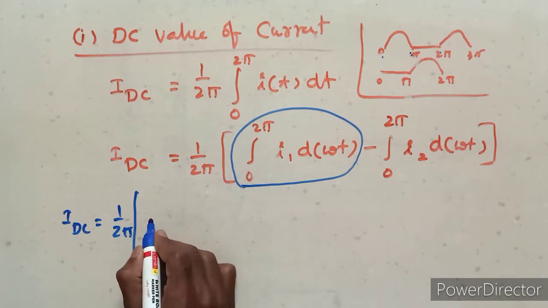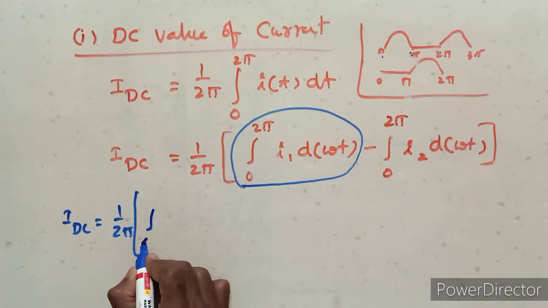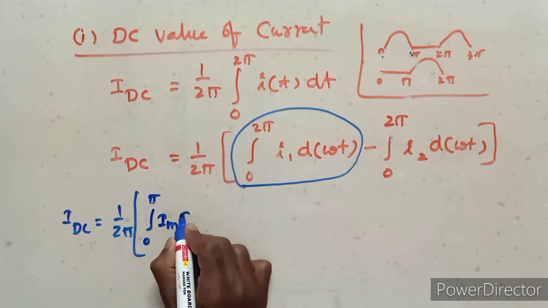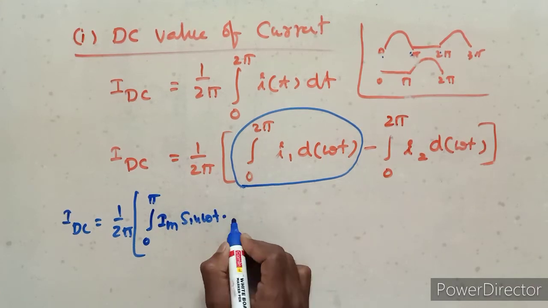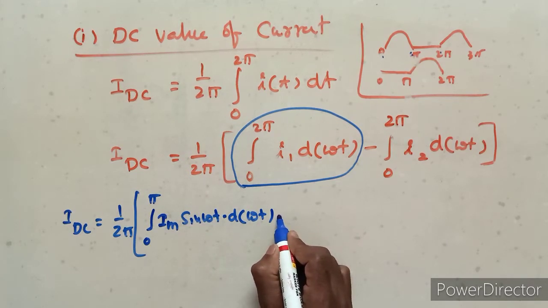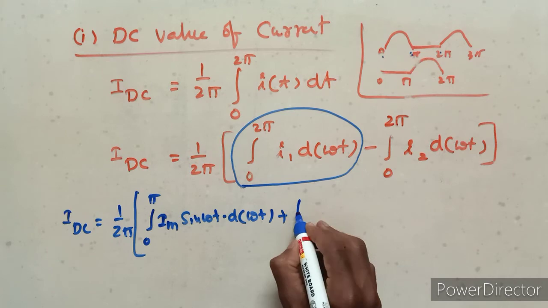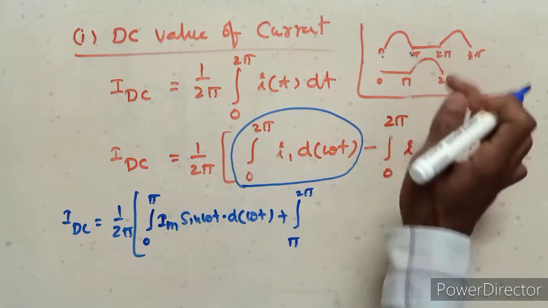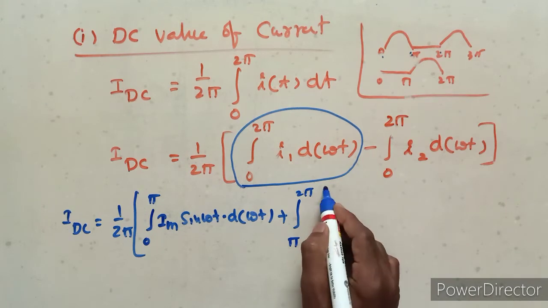So I DC equals 1 upon 2 pi, integration 0 to pi allowed, that is Im sin omega t d omega t, plus integration pi to 2 pi does not allow, so this is 0.